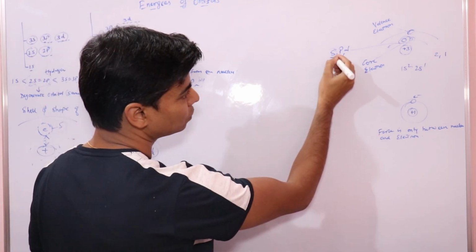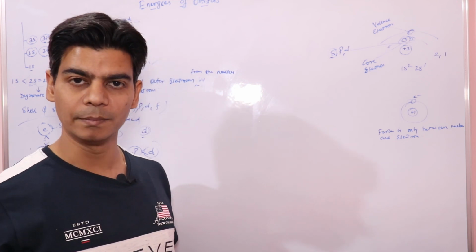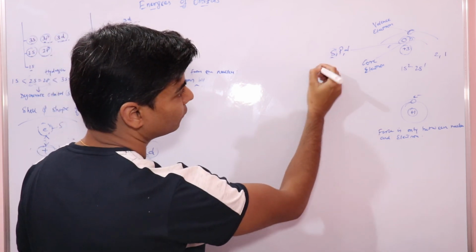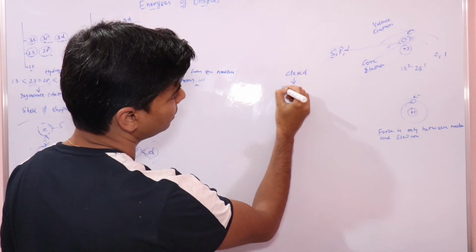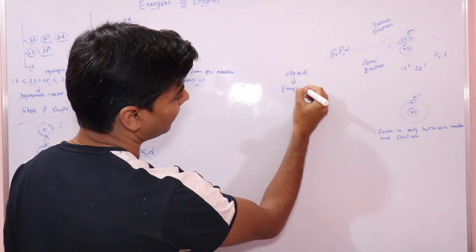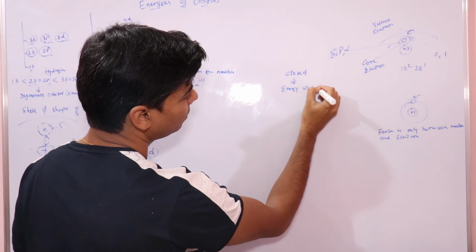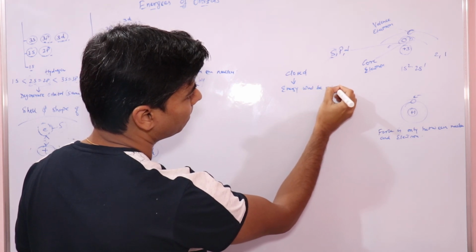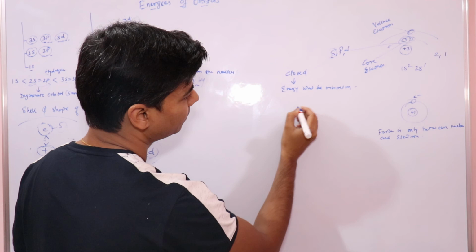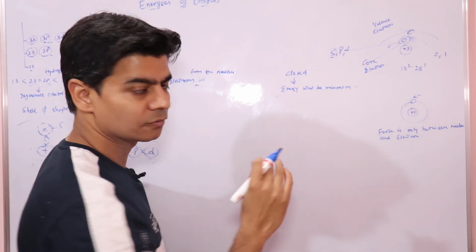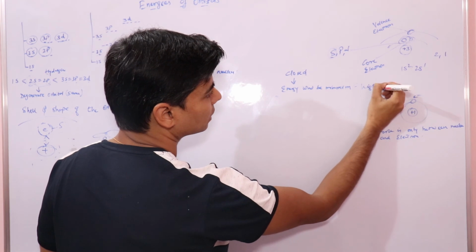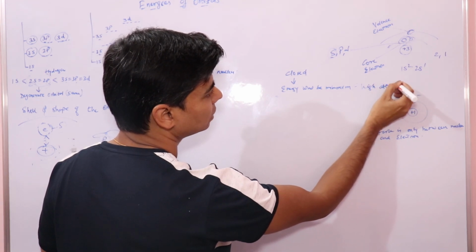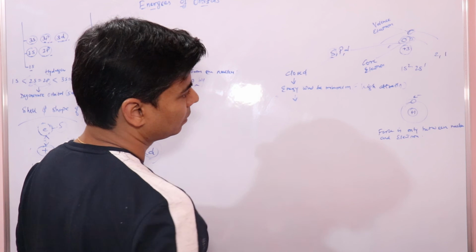Since they are closest, their energy would be minimum, because of high attraction between electrons and the nucleus.